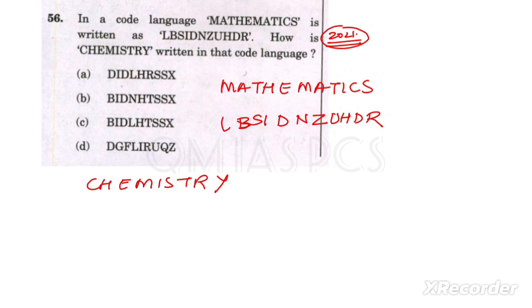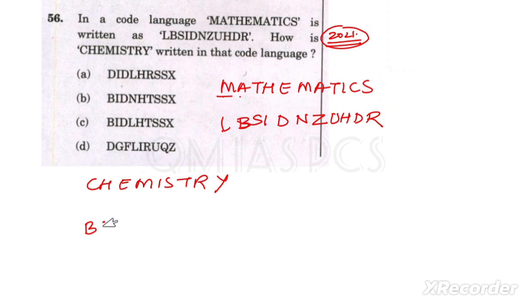See, after L it is M, right? So you can say before M it is L. So what will be before C? Before C it is B. So you can write B here. That's why I have told you to write back to back, one by one alphabets. So after A it is B. So H will be I. Then T. So before T is what?